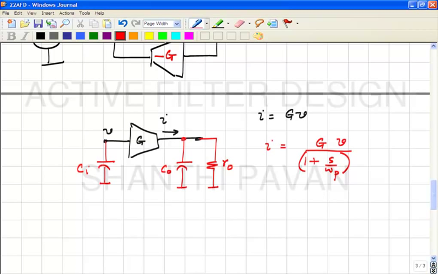That's a reasonable thing to say, correct? We'll get into a more quantitative estimate of how large omega P must be a little while from now, but a first cut estimate is clearly that omega P must be much larger than the passband edge frequency of the filter, right?